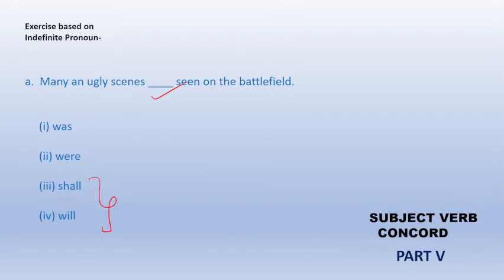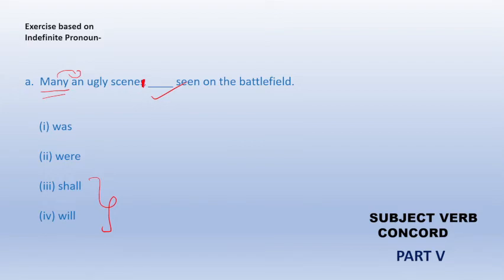Now see, students, normally with many we place a plural verb. But if we are having a or an just after many, we place only a singular verb. And there is one more thing.